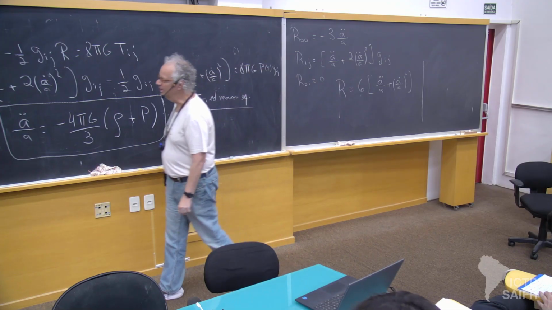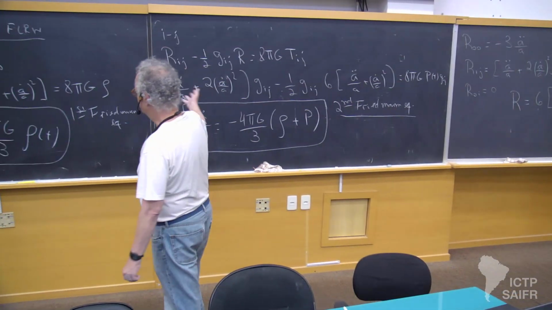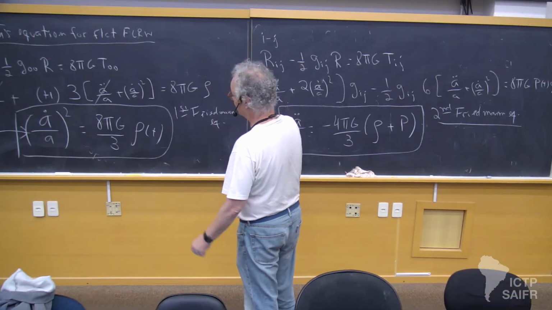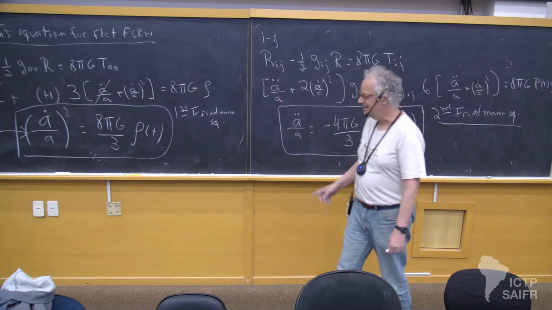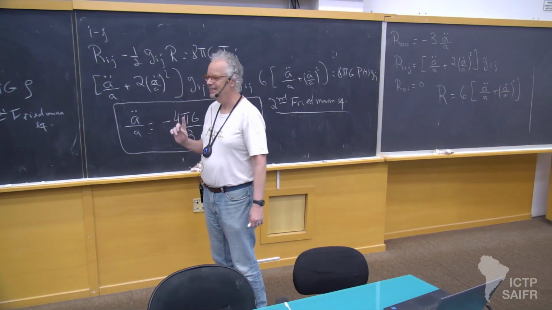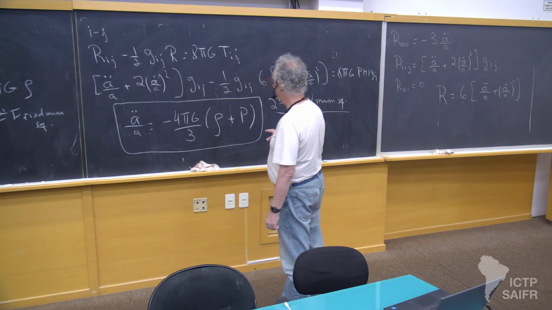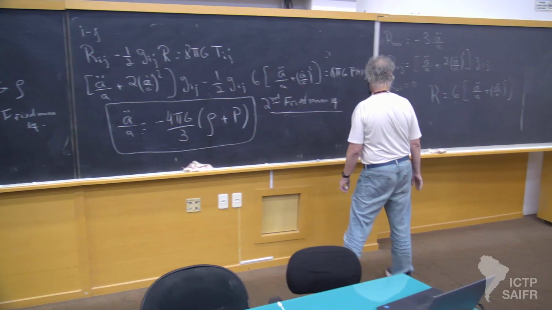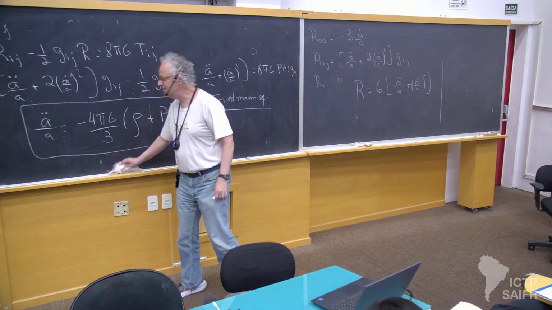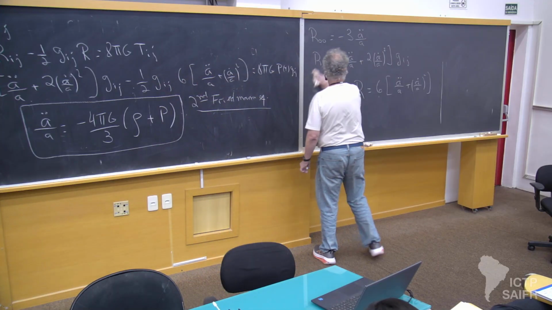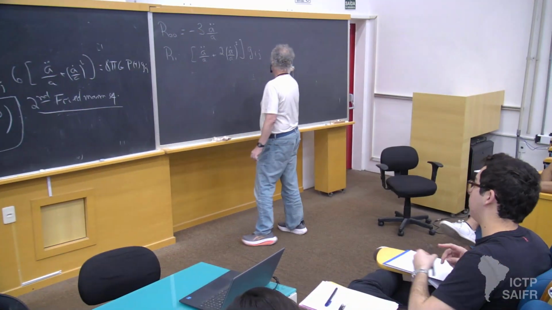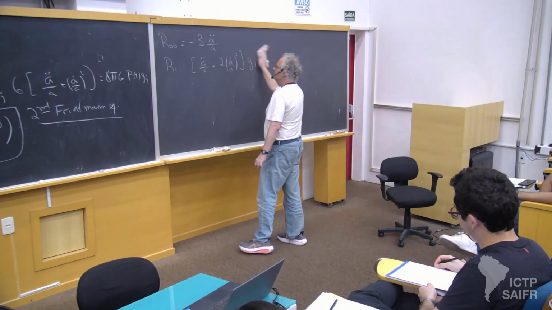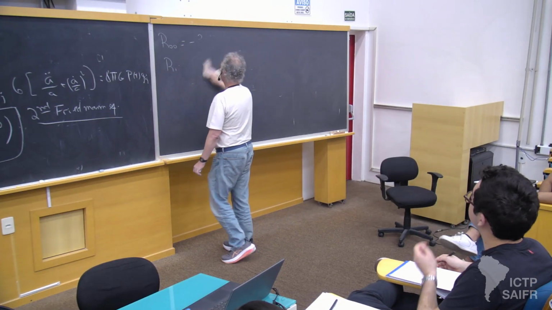So what we're going to do next time is to work with these two equations to find out everything. Except we need one more thing, which is a relation between pressure and energy density. In order to solve these equations, we'll need it. And you know in thermodynamics what these things are called?